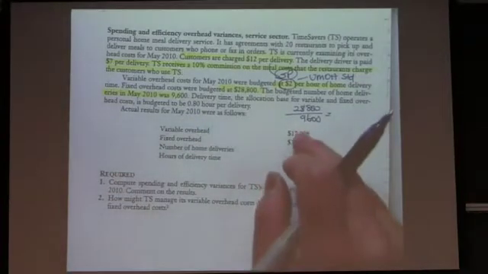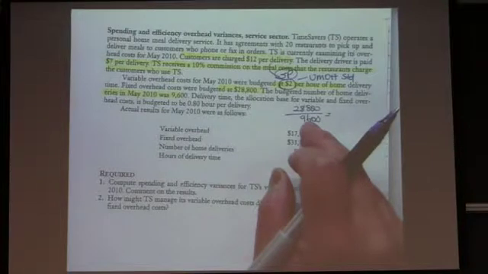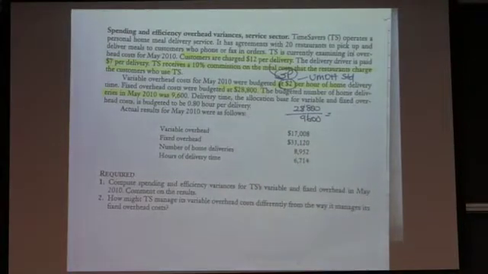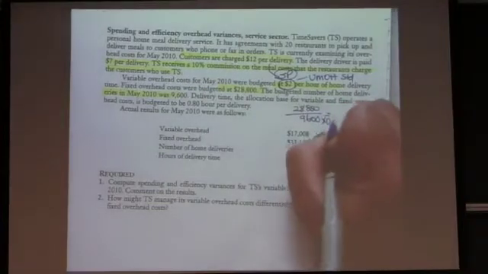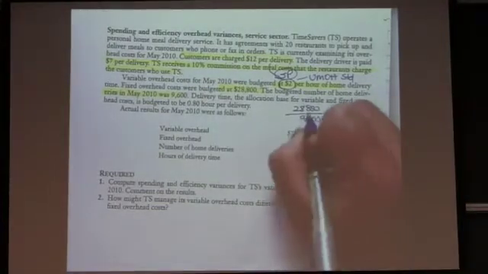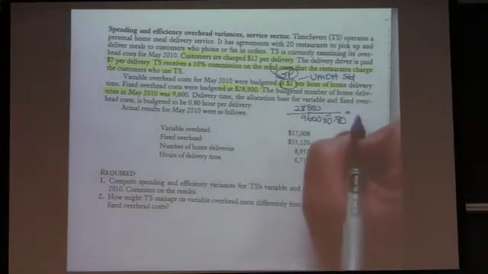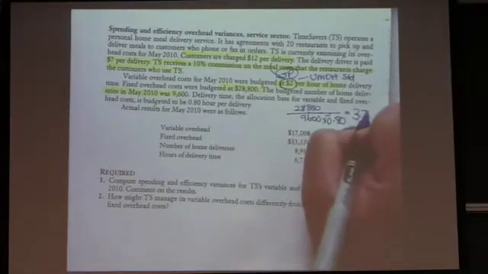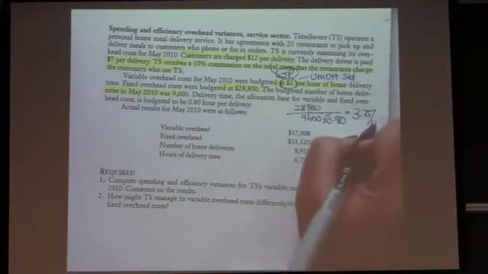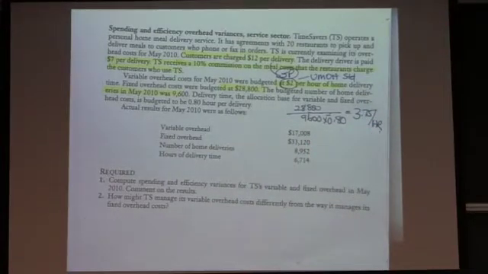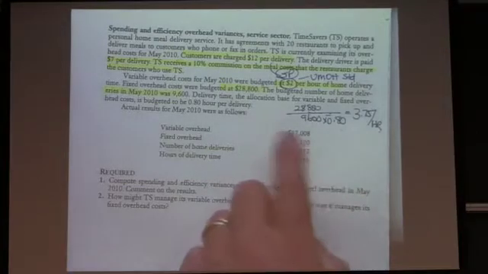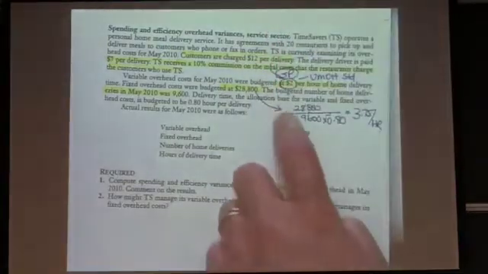So there are 9,600 deliveries, but each delivery requires 0.8 hour. So we multiply 9,600 by 0.80 to determine the hourly rate, and that is $3.75 per hour of delivery time. This is very important because this is the fixed rate.